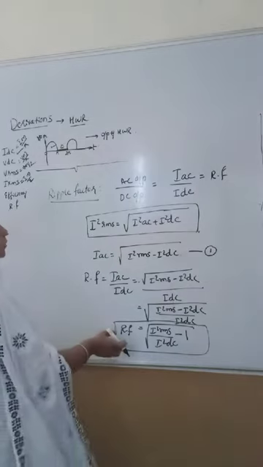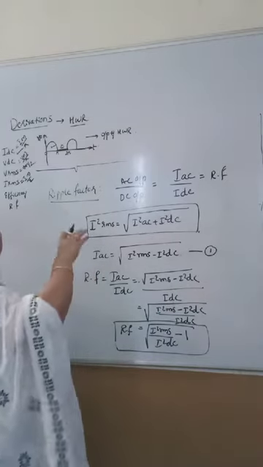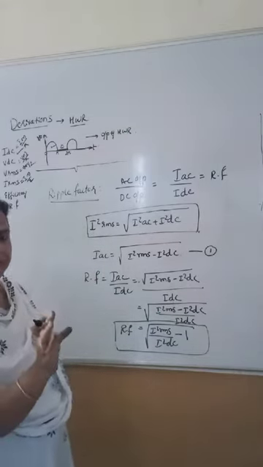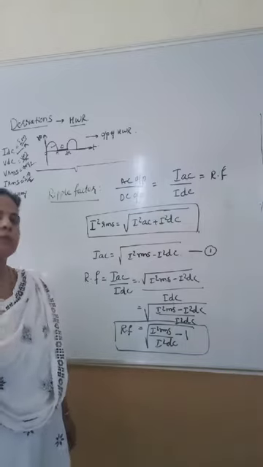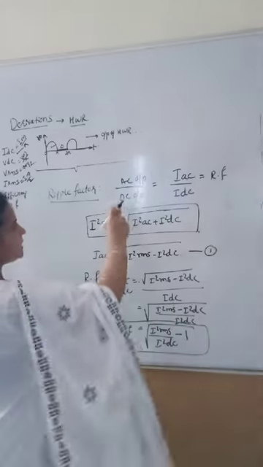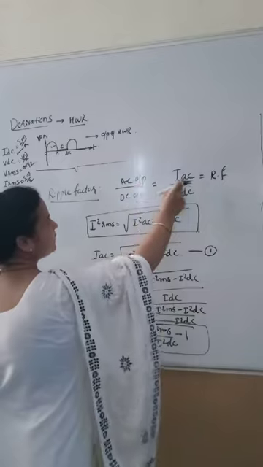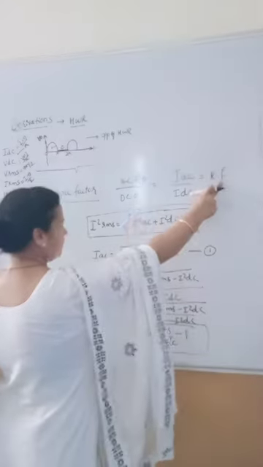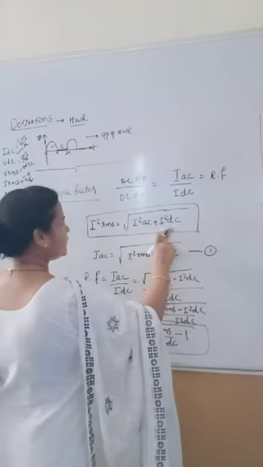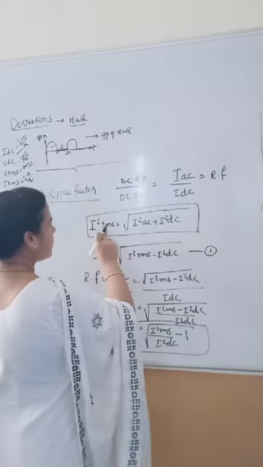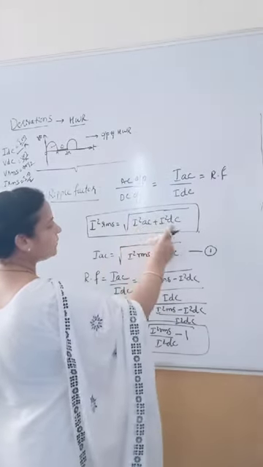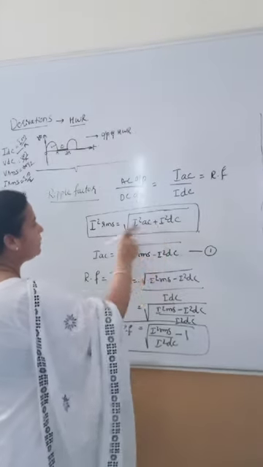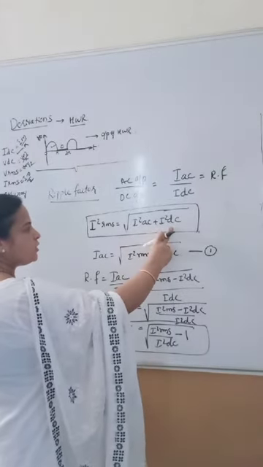Hope you have understood this. First, remember properly what is ripple factor. You are going to calculate the amount of AC left in the DC output. So, in terms of current, IAC and IDC. This is the ripple factor. And there is one relationship you are going to remember. The RMS value of a current, AC value of a current and DC value of a current are given by this relationship.